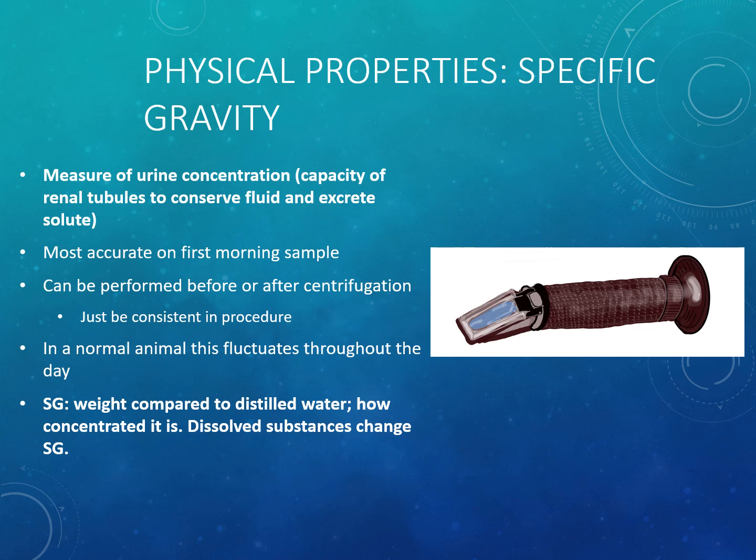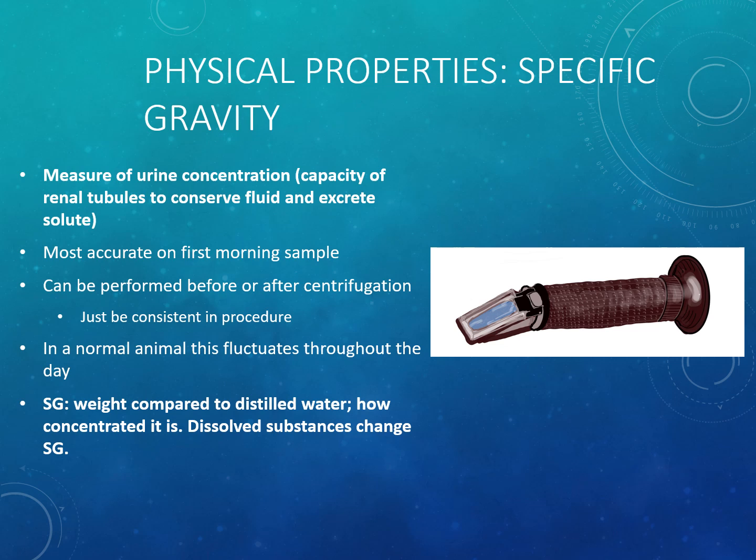What it is, is a measure of the urine concentration. So how dilute or concentrated is the urine? If we are dehydrated, our urine's probably going to be very concentrated. It may look dark yellow, and we're going to have a high specific gravity. If we're overhydrated, our urine's probably going to be diluted, and we're going to have a low specific gravity.